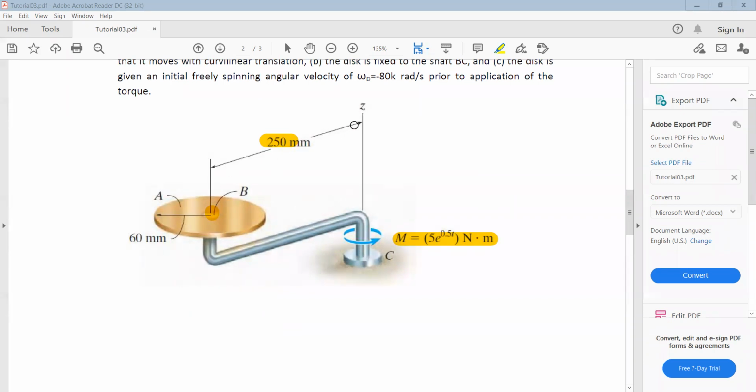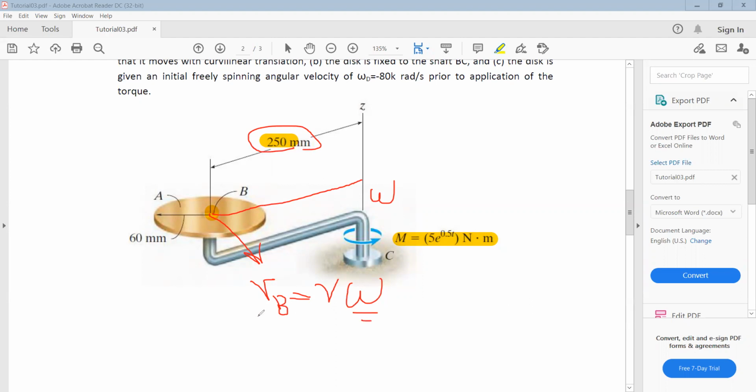So the angular velocity is equal to this velocity divided by R, because when this disk is rotating about axis Z, for example, by angular velocity omega, the velocity of this point, if we call it VB, is equal to this length R times omega. Yes, VB is equal to R times omega, where R is 250.